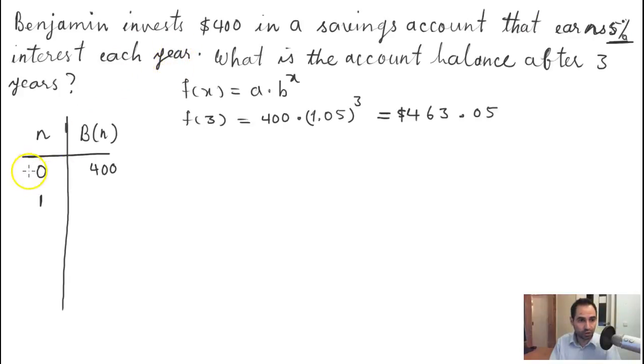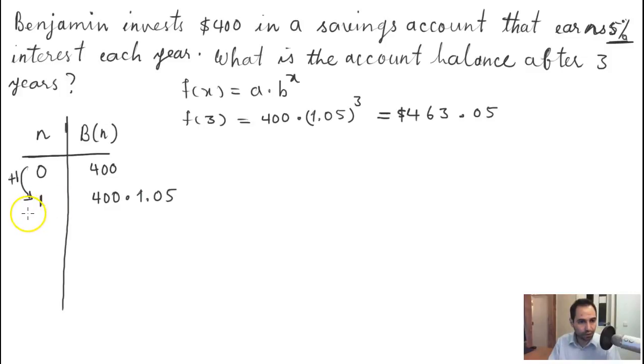That means after 1 year, you get 5% interest on the balance that you had. The balance that you had was $400. So 400 times, you want to increase this by 5%, so you multiply it by 1.05.